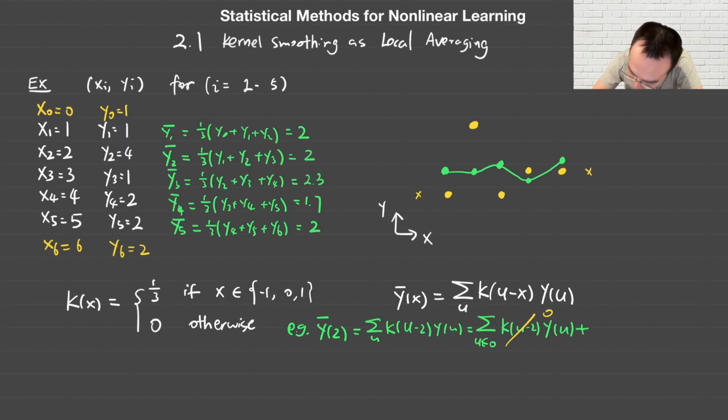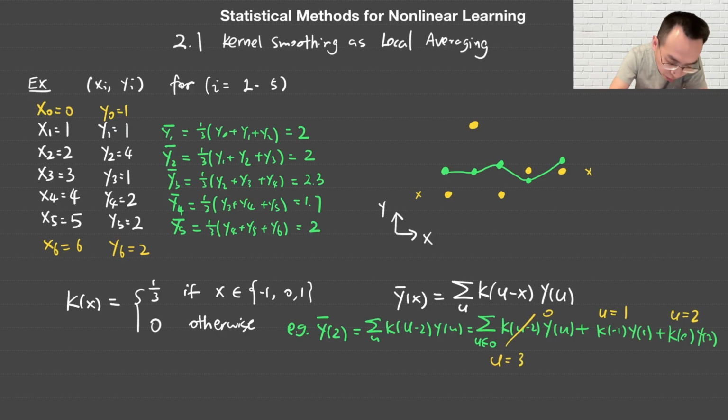For u equals 1, we have k(-1) y1. Then for u equals 2, we have k(0) times y2. Then for u equals 3, we have k(1) y3.